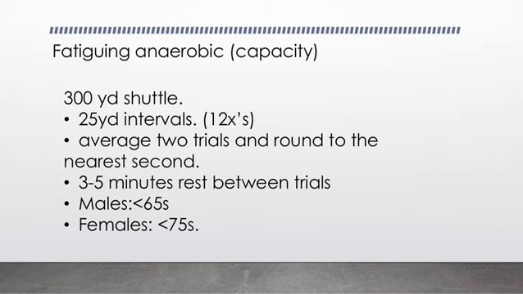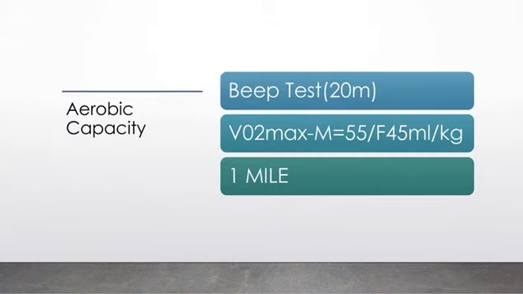Let's say on day 1 you do this and then you want to do this again in 4 or 8 weeks, or however long you want to wait to see if your anaerobic capacity has increased. Make sure you know exactly how much time you rested, because if you give them 5 minutes on the first test and then on the post test you give them 3 minutes, the recovery point's not going to be the same and it is going to skew your results. So a good time for males is less than 65 seconds and for females is less than 75 seconds.